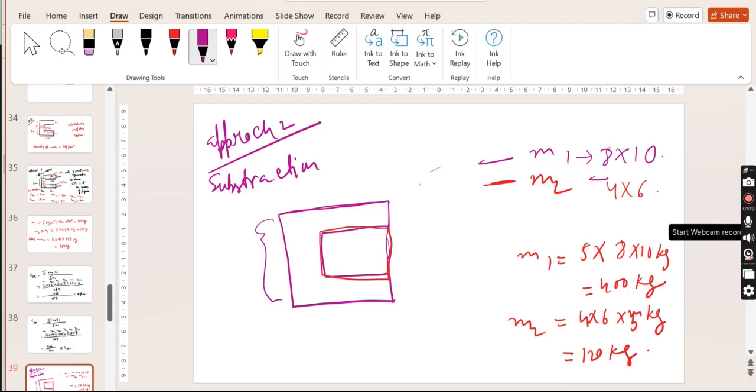This is 10, right? This is 8. So it would be here, and M2 would be here.